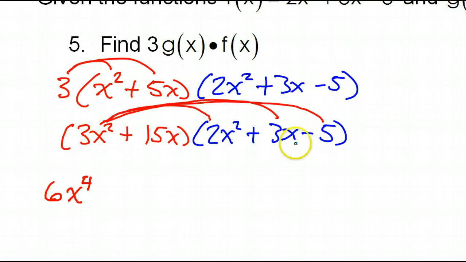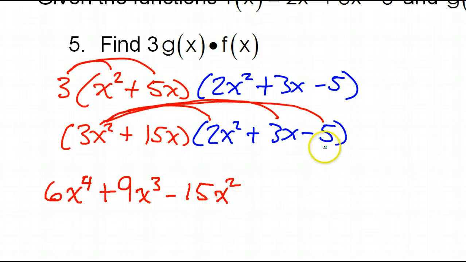Now, 3x squared times 3x. 3 times 3 is 9. But x squared times x is x to the 3rd power. And finally, 3x squared times negative 5. 3 times negative 5 is negative 15. And then I have just the x squared, because this doesn't have any x's to contribute.